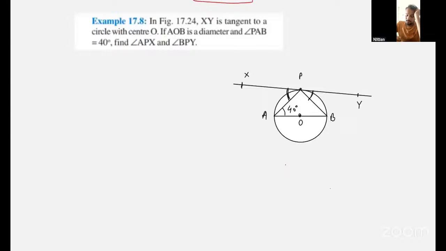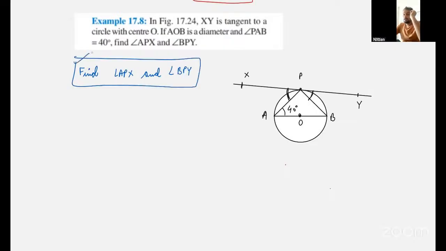What they are asking to find is angle APX and angle BPY. These two angles we have to find.